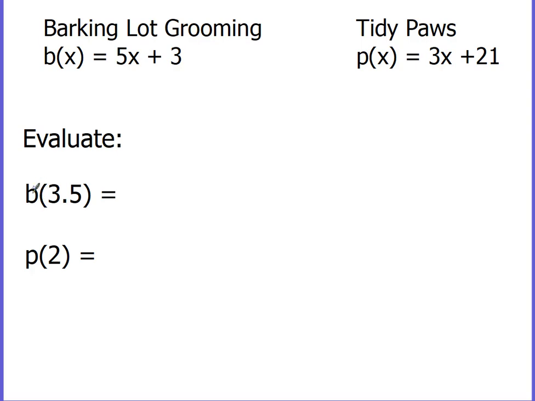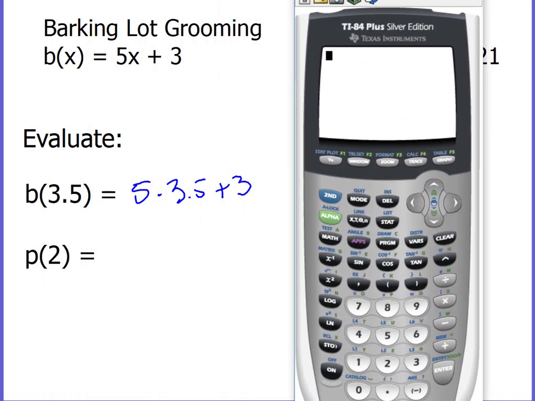So in this one right here, it says b of 3.5. Well, because of the b, that means I'm going to use the Barking Lot Grooming equation. So we would just have 5 times 3.5 plus 3. And this one, it might be even easier sometimes because we are allowed to use calculators, so let's pull out the calculator. So here is our calculator.